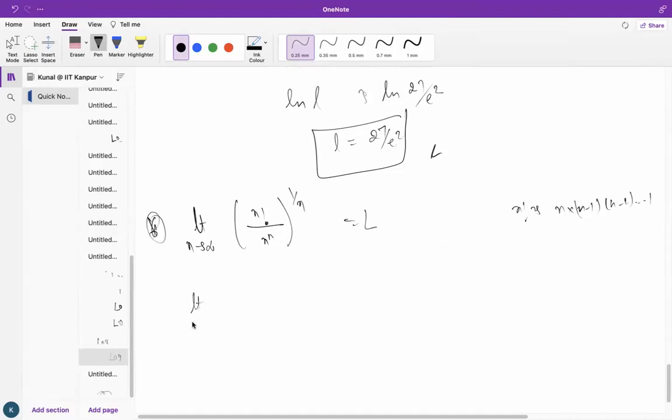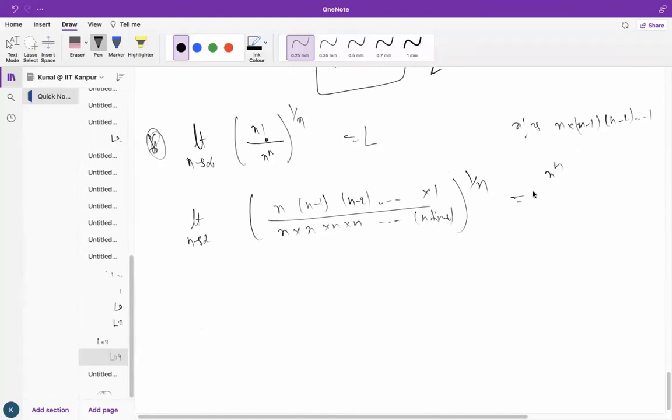So let me rewrite it clearly: n into n minus 1 into n minus 2 up to 1, over n into n into n dot dot dot, n times. We can write that as n to the power n, and this whole to the power 1 by n. I hope you all understand what I'm trying to say.